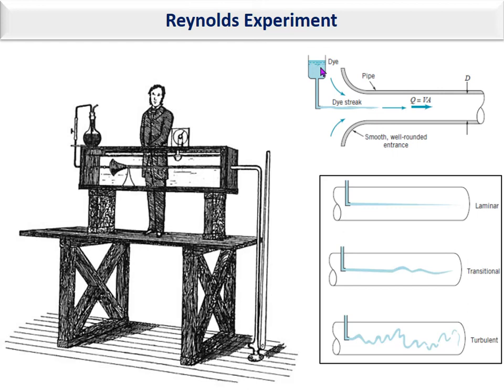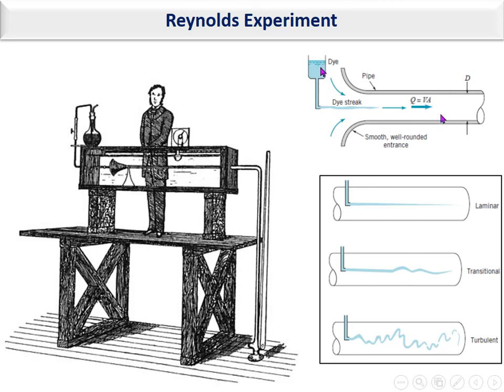For the internal flow, Reynolds was the one who made an experiment to show the effect of a flow being laminar or turbulent. There's a flow in a glass pipe here where a colored ink, or a dye, is injected into the pipe, as you can see here.